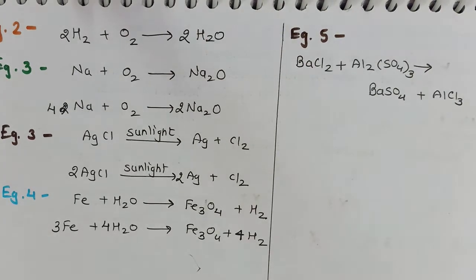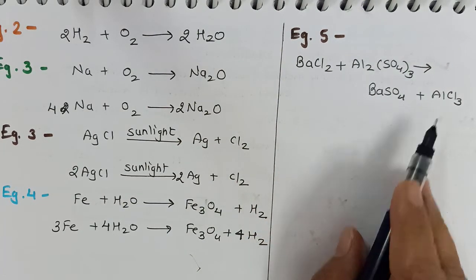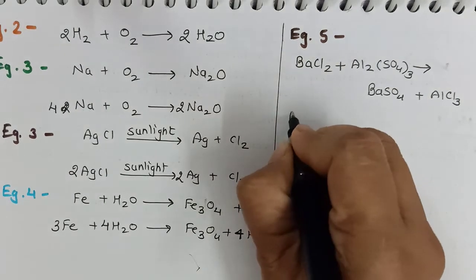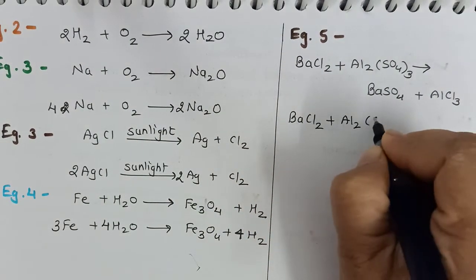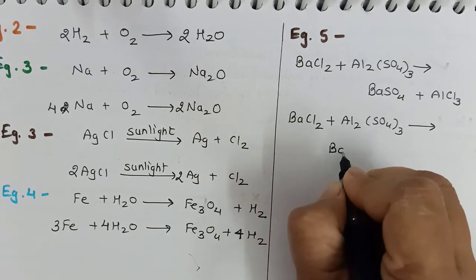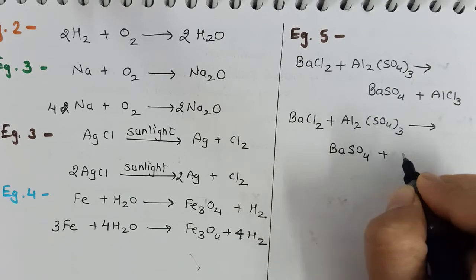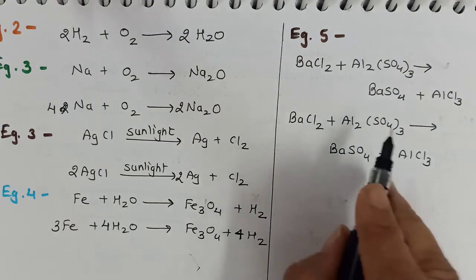Our next example is based on balancing of complex ions, or I will say radicals. Barium chloride reacts with aluminum sulfate to give barium sulfate and aluminum chloride. How to solve such type of equations? Now have a look at the reaction once again.